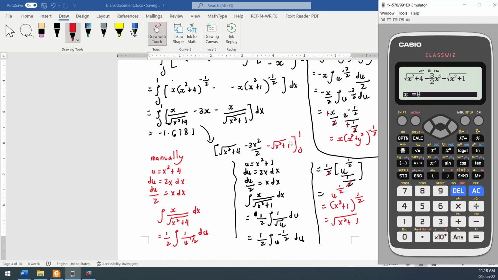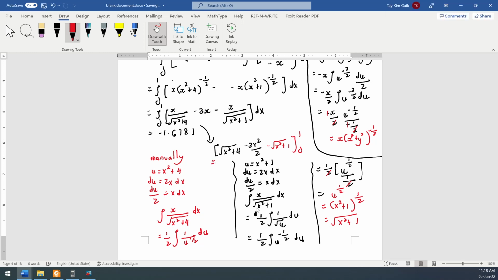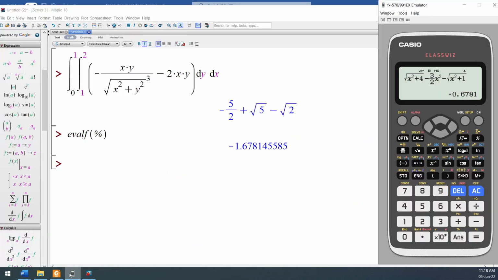Okay, calculate. I key in this function. I want to evaluate at x equal to 1. So I get the answer, negative 0.6781.